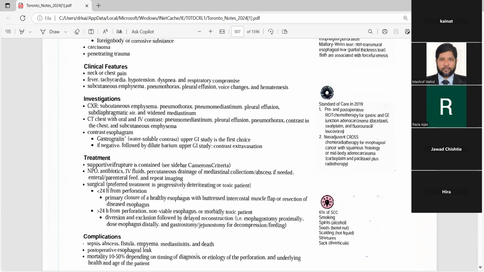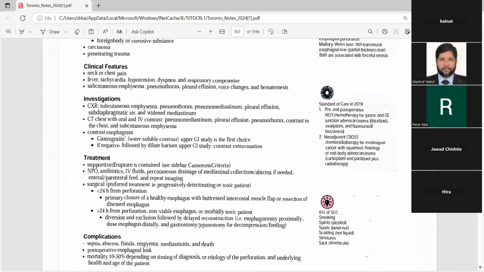Now, NPO and surgical, it's very important when you are going to plan for the surgery, because it means that you are thinking of calling a gastroenterologist. Surgical management depends on less than 24 hours from perforation and more than 24 hours from perforation, so this can be asked. Don't think of this as a case for the gastroenterologist. It is mainly you who is going to decide or hand over the case to the gastroenterologist.